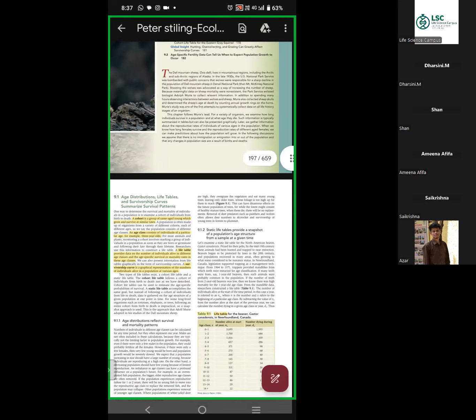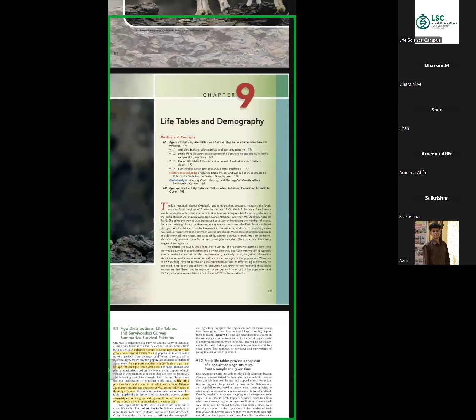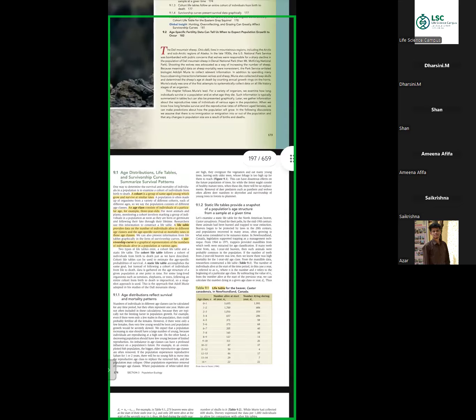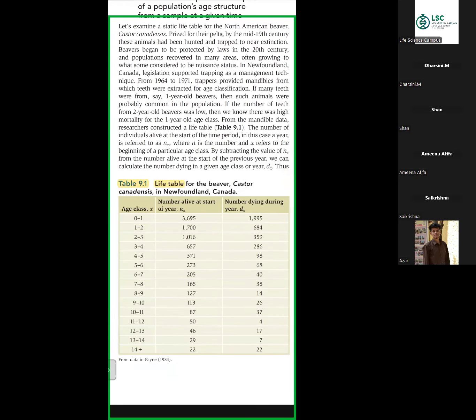So in the second chapter, that is life tables and demography, you have to learn some equations. So the first equation is dx.